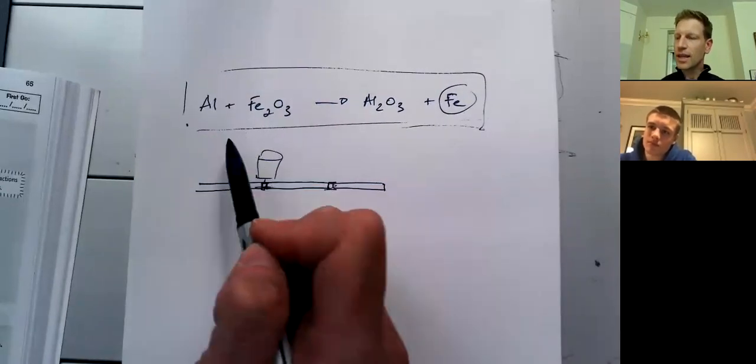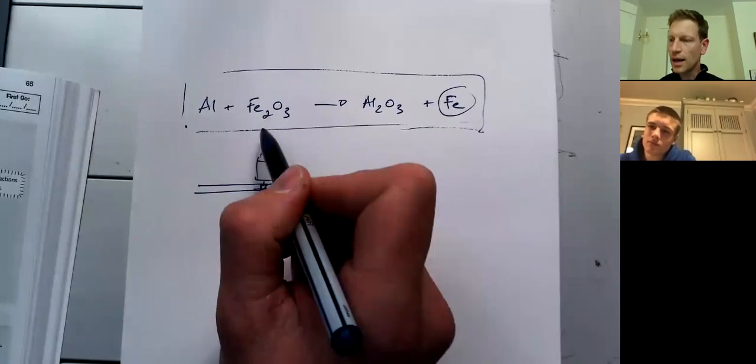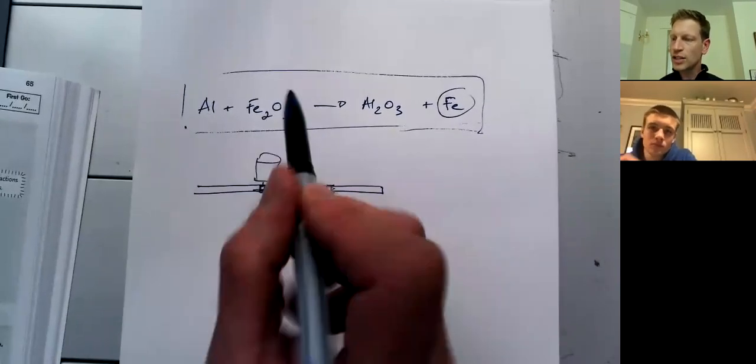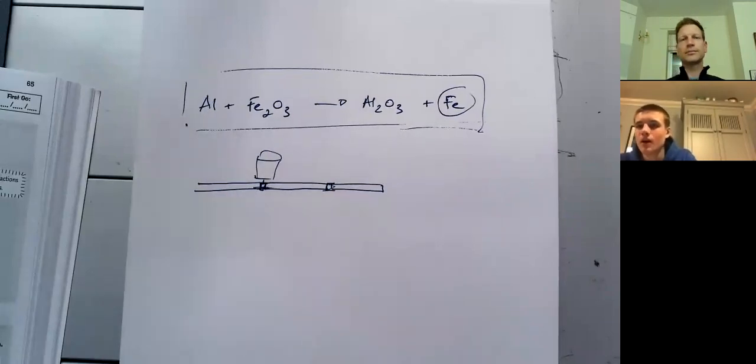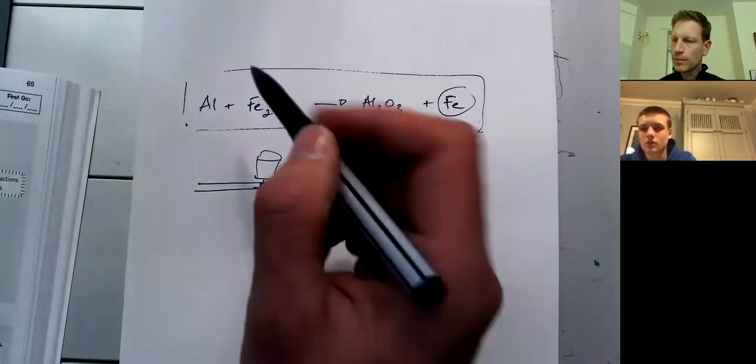So the aluminium, what's it actually doing then in this reaction? What's the job of the aluminium? It's combining with oxygen, or O3.